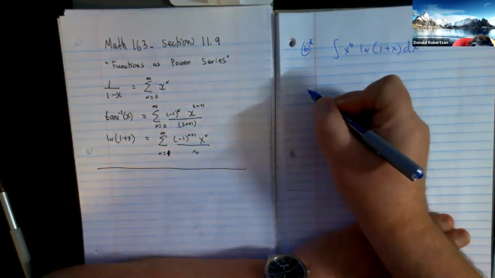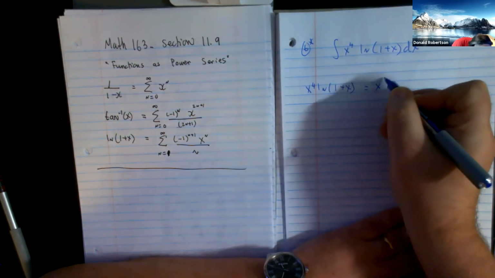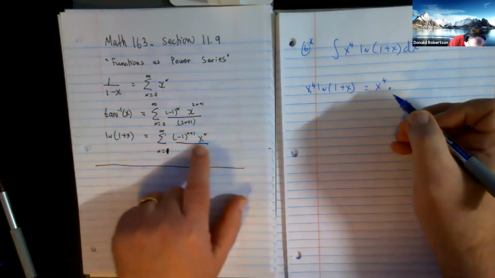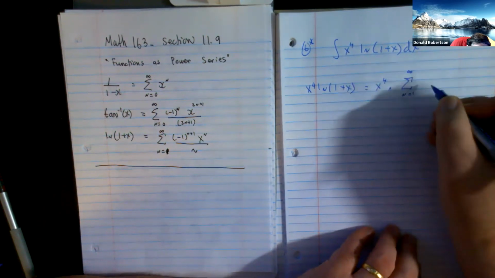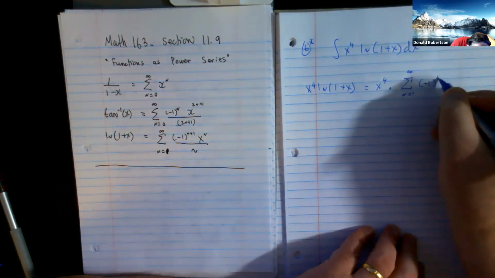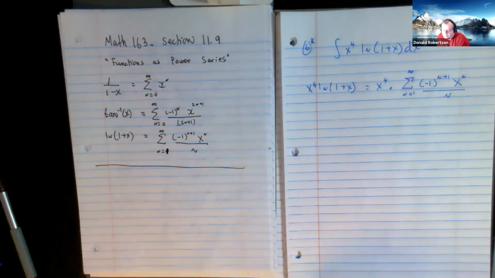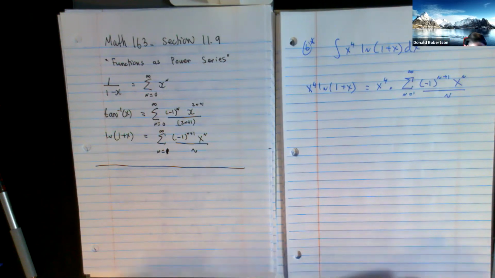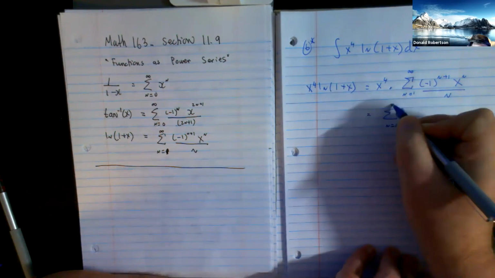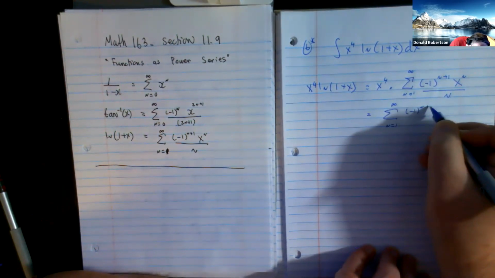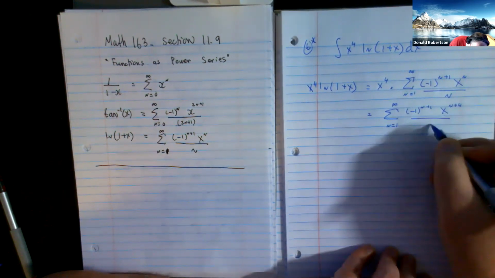So x to the 4, the natural log of 1 plus x is x to the 4 times this fella. So far, so good. Now, not too much in the way of tidying things up. I'm just going to bring this inside and add 4 to the power of x. We got that.